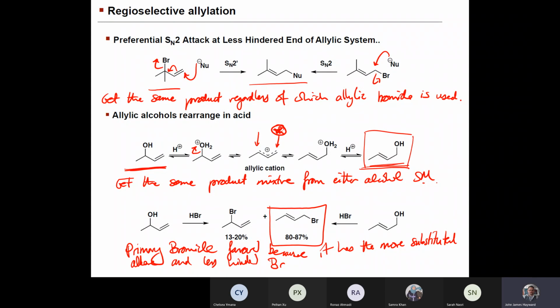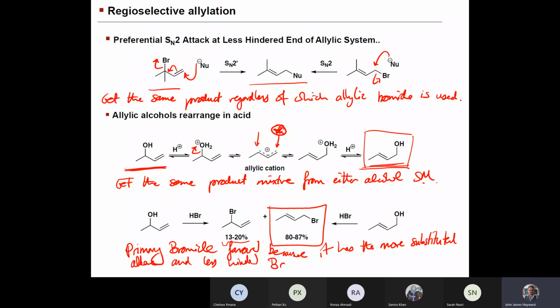We get through to this product mixture, the 13 to 20 and 80 to 87, through the same allylic cation as we did in the first case. So the primary bromide is favored, but it isn't the only thing that's present in the reaction mixture.